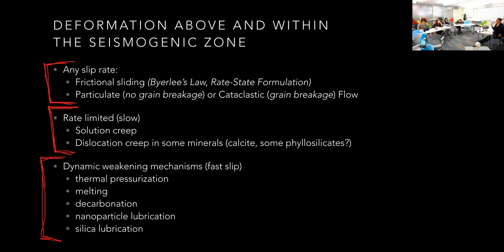So these are weakening mechanisms or reactions that occur in the rock only at very high slip velocities. Most of these are activated when slip velocities exceed something like a centimeter per second. And since earthquake slip can go from a centimeter per second up to a meter per second, even 10 meters per second in some cases, these are the deformation mechanisms that dominate during the seconds or minutes of an earthquake.